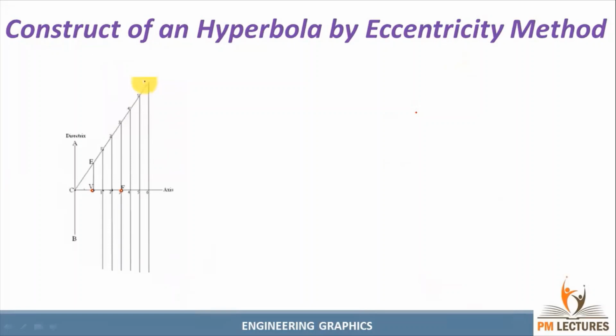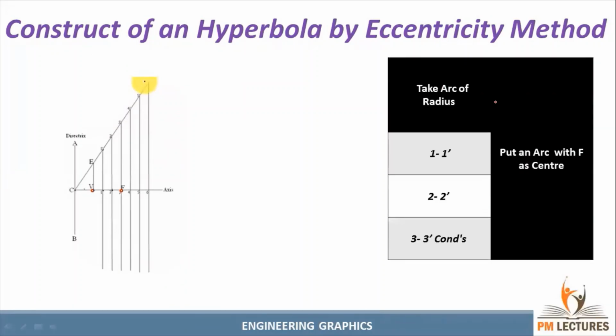After drawing these lines, we need to make arcs using this tabular column. The tabular column is not required to draw, but for understanding purposes I put it here. After drawing these lines, we need to name them 1, 2, 3, 4, 5, 6, and at the top 1 dash, 2 dash, 3 dash, 4 dash, 5 dash.